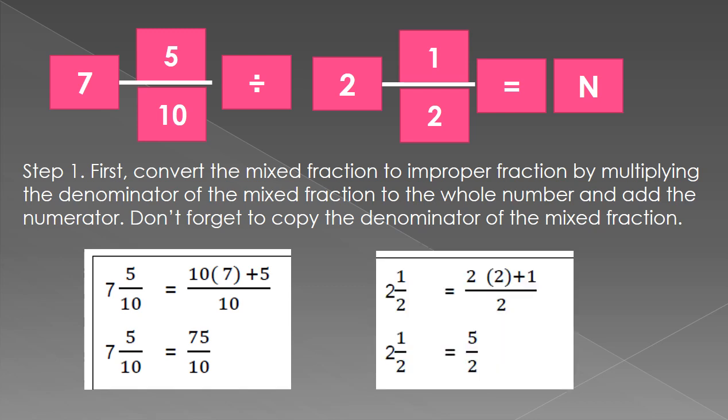Okay? Now, the other mixed fraction, the 2 1/2. Same process. 2 times 2 is equals to 4 plus 1 is equals to 5. And then we're going to copy the denominator 2. So it would become 5 over 2.